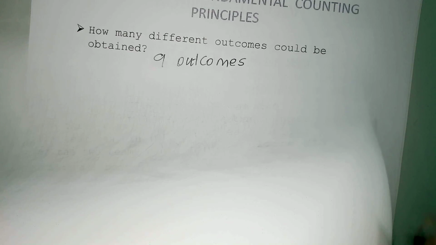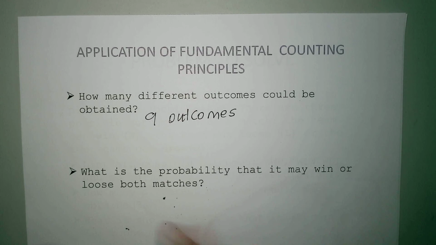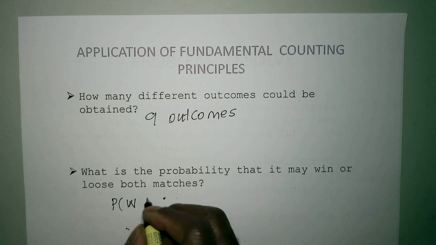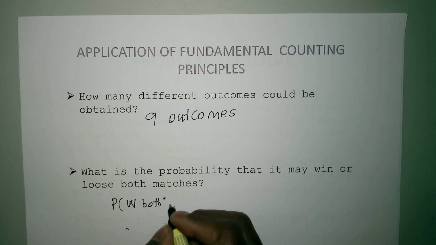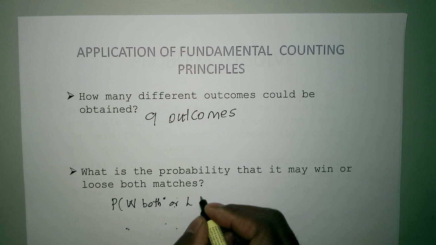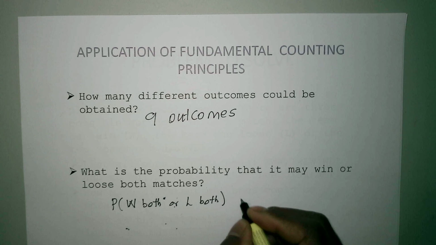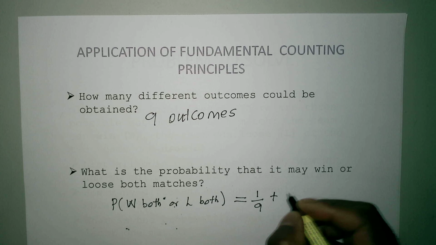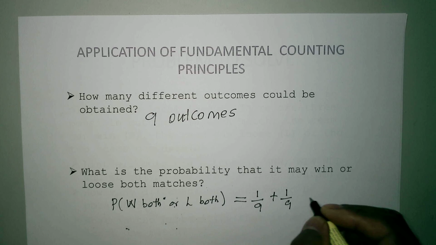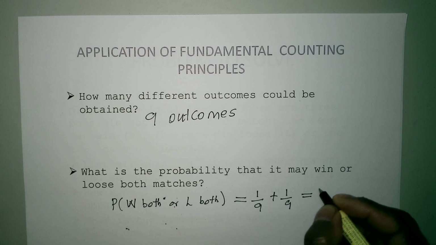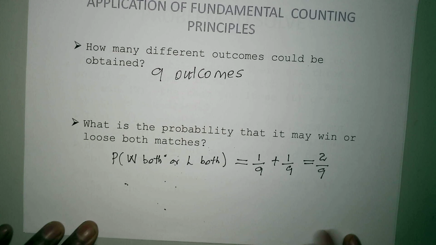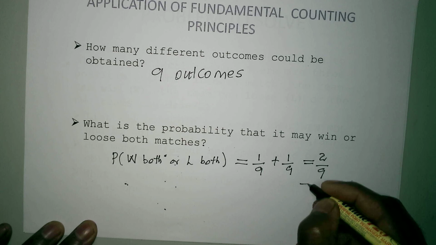So the probability that it might win both or lose both is 1/9 for winning, and losing is also 1/9, and this eventually gives us 2/9. So the probability is 2/9.